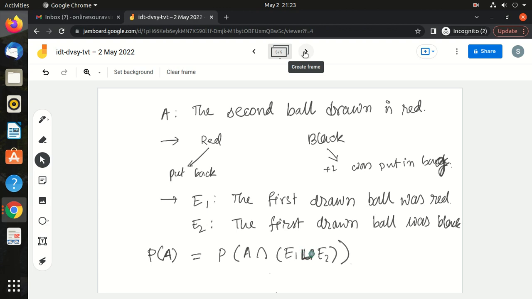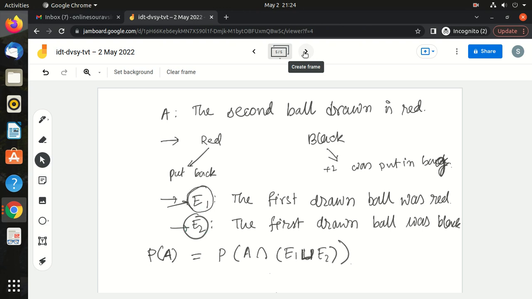Your whole event comes with two things. The first event has only two possibilities: it can be E1, which is the ball was red, or it can be E2, the ball was black.